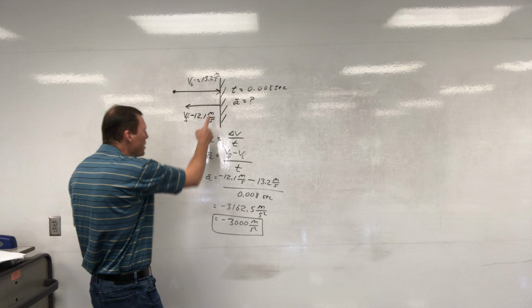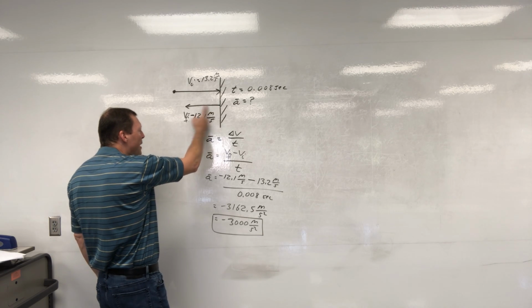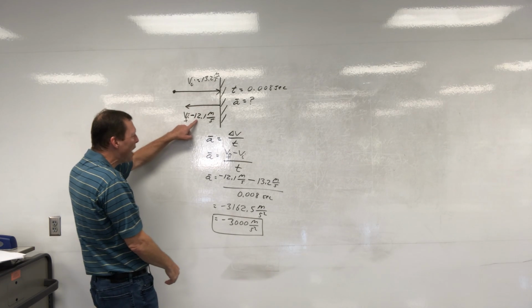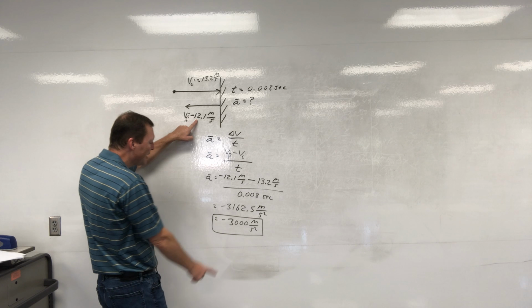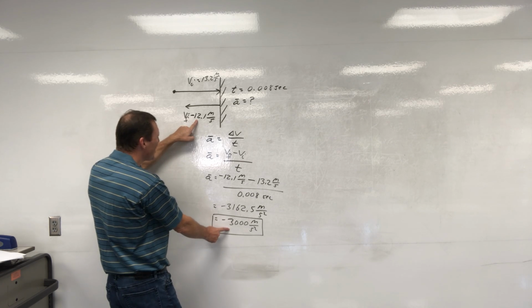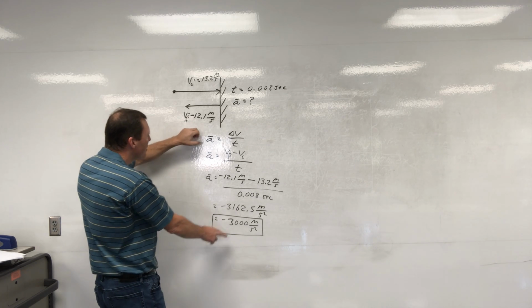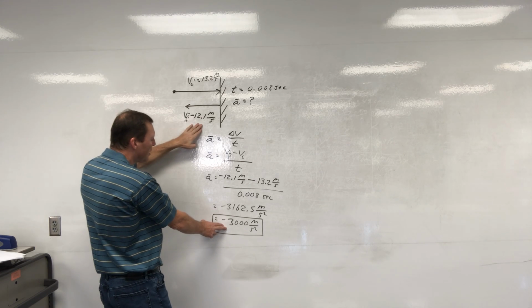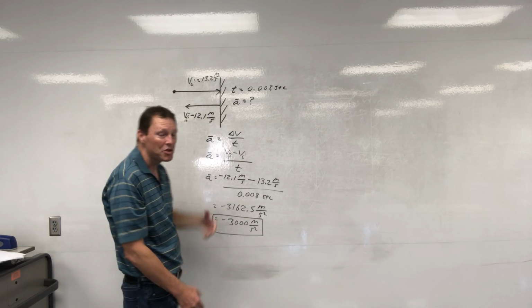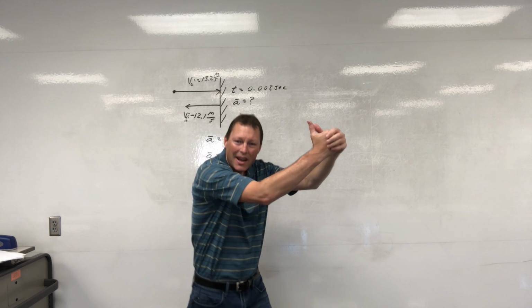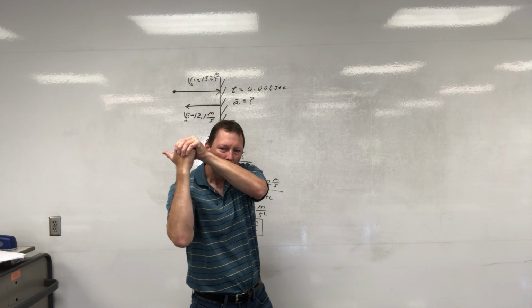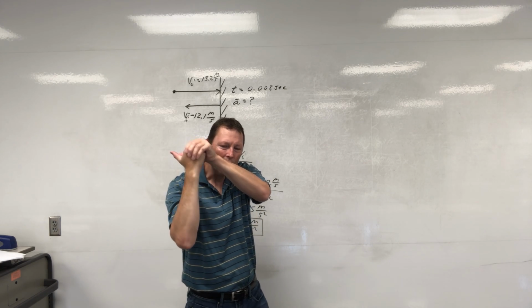Now, notice when the ball rebounds and returns, I've got a negative velocity and a negative acceleration. So what's happening here is the ball, while it's in contact with the wall, is speeding up in the opposite direction.